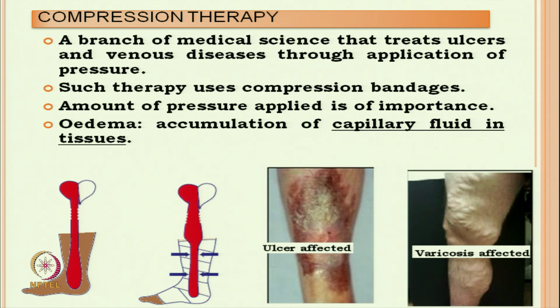In these tissues there will be accumulation of this capillary fluid, and the function of the compression bandage is to push this fluid again into the capillary, so that there is proper flow of this fluid. There is no accumulation of this fluid.